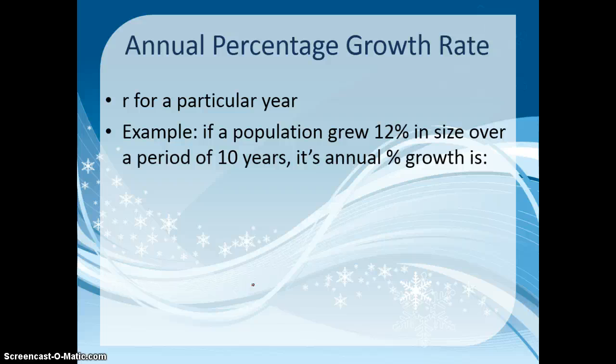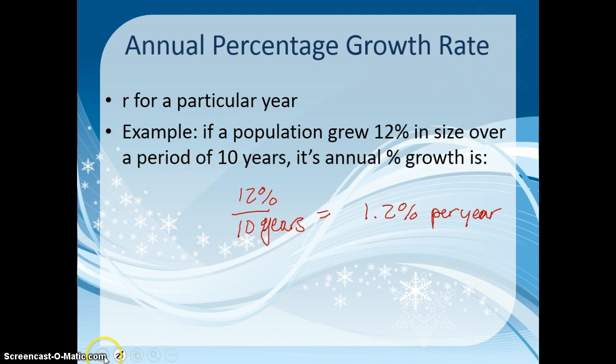So basically, if you have a population that grew 12% in size over a period of 10 years, it's pretty easy to get the annual percentage growth rate, because all you're going to do is take that 12% and you are basically dividing it by the number of years that it took in order to get there, and of course when we do that we get 1.2% per year. So annual growth rate again is just how much is it changing per year, and sometimes that R value will be already per year, sometimes it won't, so you have to be careful.